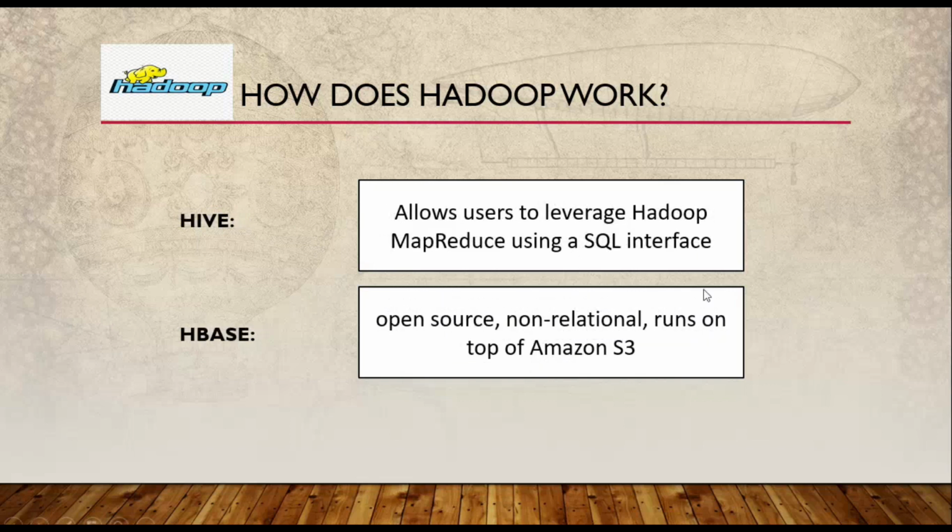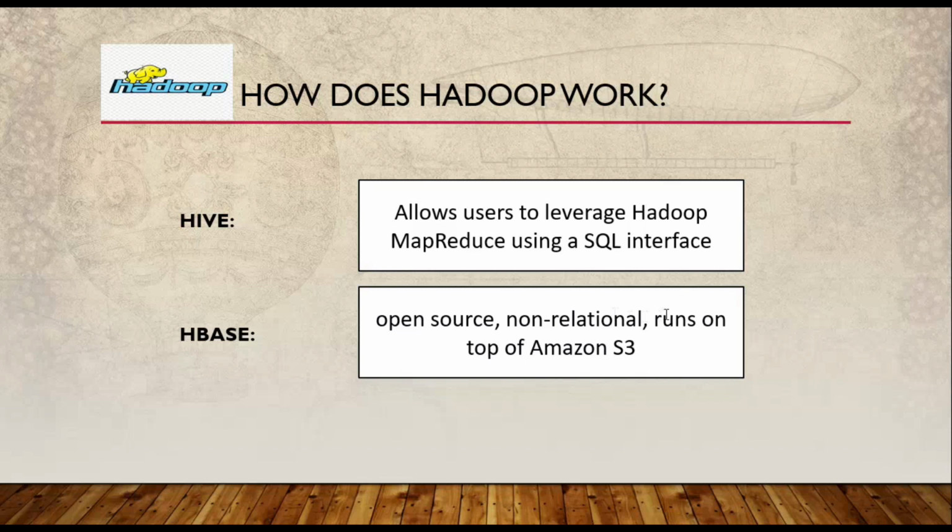The third application is Hive. Hive allows users to leverage Hadoop MapReduce using a SQL interface, enabling analytics at a massive scale, in addition to distributed and fault-tolerant data warehousing. The last one is HBase.